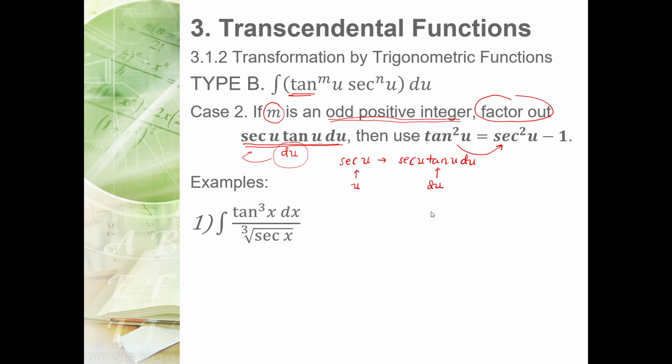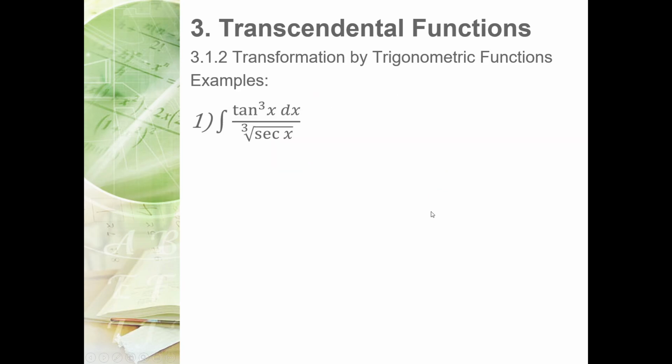Okay, so let's have the last example before we dismiss. Again, we need to determine that the exponent of the tangent function should be odd and positive. So m is odd and positive.